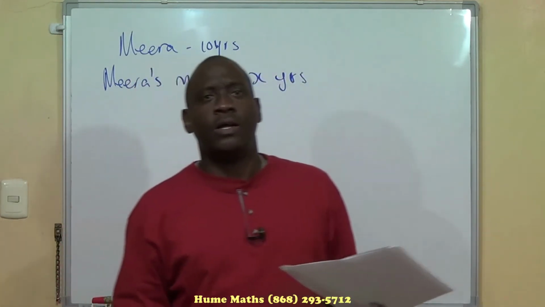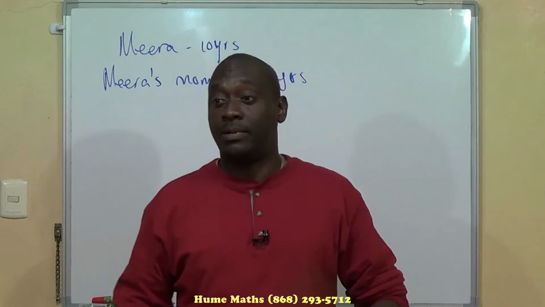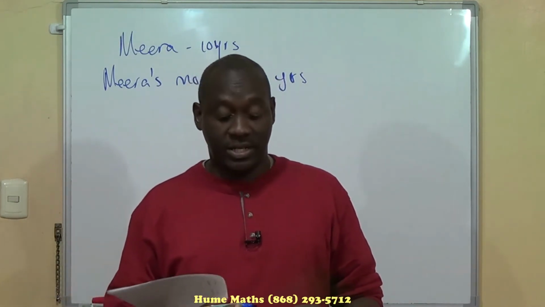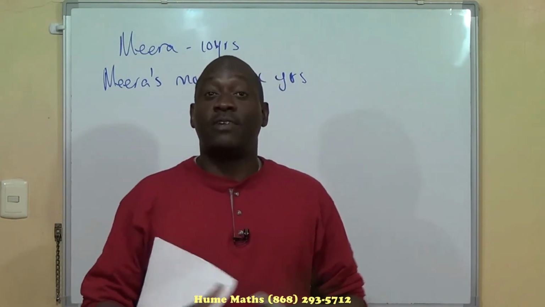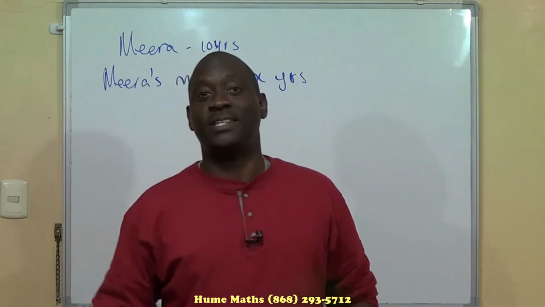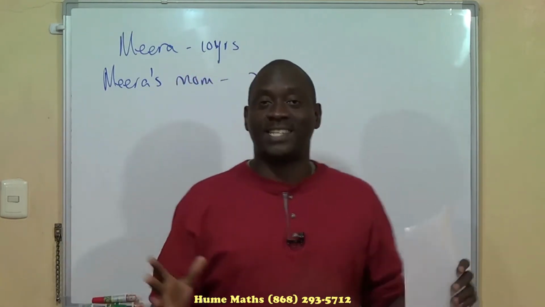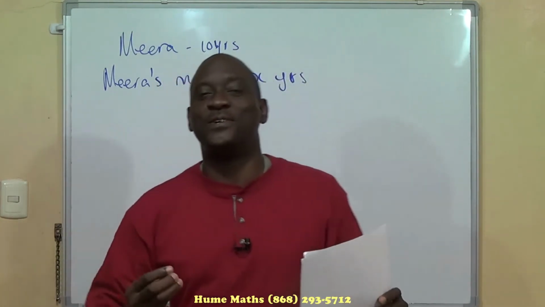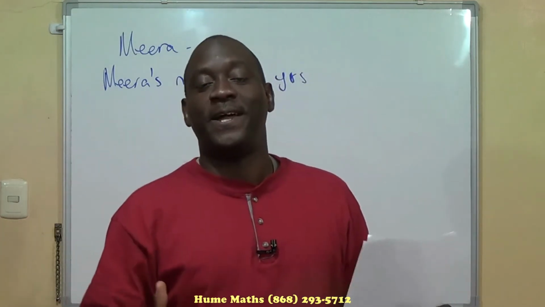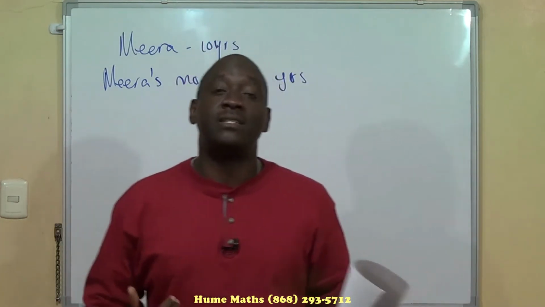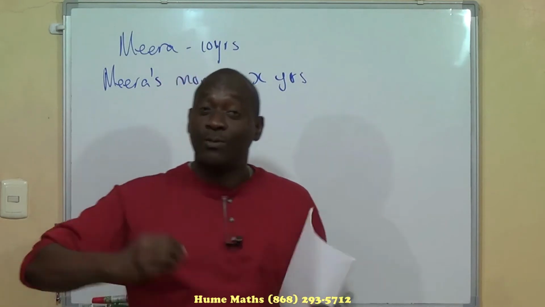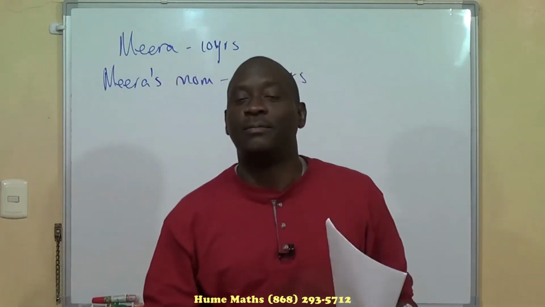So, if I could use myself as an example, my father was 23 years old when he had me. So my father will always be 23 years older than me. Right? I'm not going to call the actual ages on the video, but you get the point. Right? It doesn't matter what my age is. My father will always be 23 years older than me.